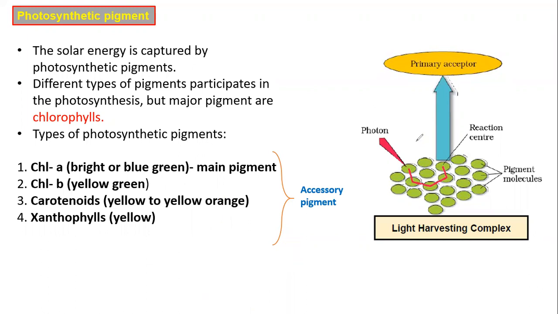Since the sunlight comes as packets of energy, you call them photons. The chlorophyll A molecule is known as the reaction center, and the accessory molecules are known as the pigment molecules. The electrons excited from the chlorophyll A molecule, the reaction center, will be accepted by the primary electron acceptor.